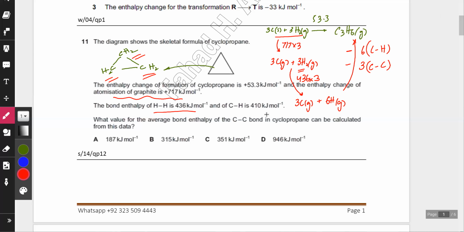Can you figure out the CC bond energy? That is the only thing that is unknown.